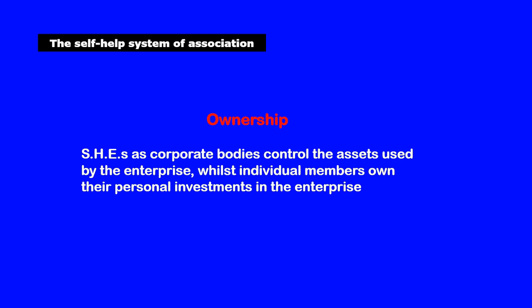SHEs cannot offer outright ownership. Instead, members enjoy the use of the enterprise's assets while they remain members. This method of ownership secures the long-term future of the enterprise. This practice also forms part of the self-help economic system.